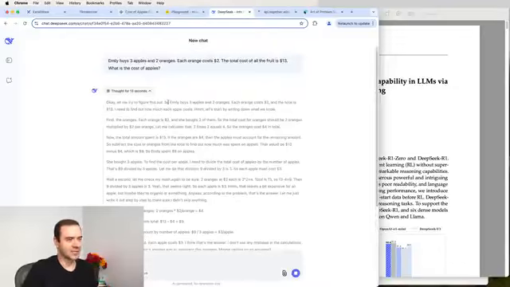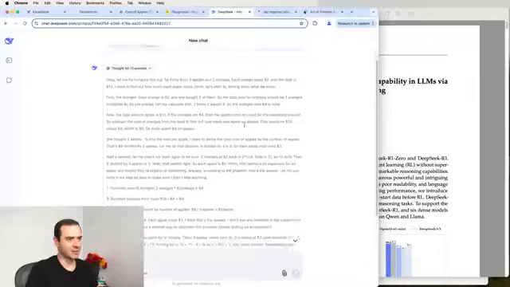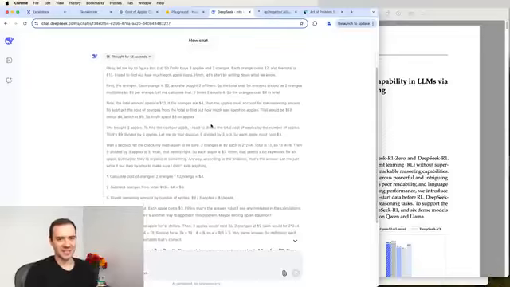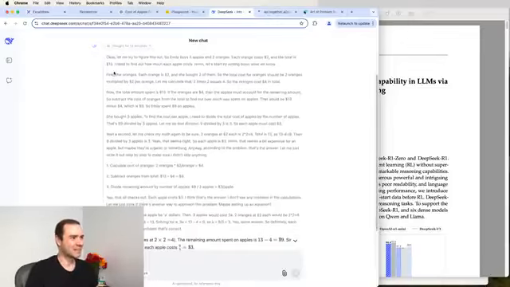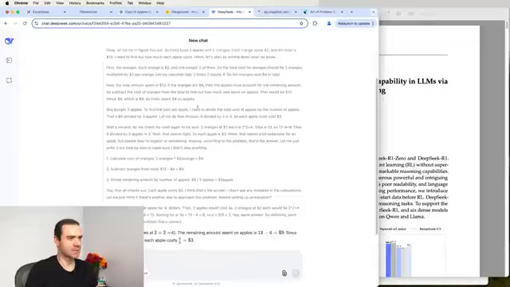Okay, let me try to figure this out. So Emily buys 3 apples and 2 oranges. Each orange costs $2. Total is 13. I need to find out blah, blah, blah. So here, as you're reading this, you can't escape thinking that this model is thinking. It's definitely pursuing the solution. It derives that it must cost $3, and then it says, wait a second, let me check my math again to be sure.